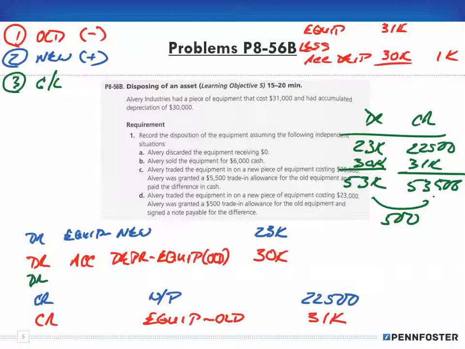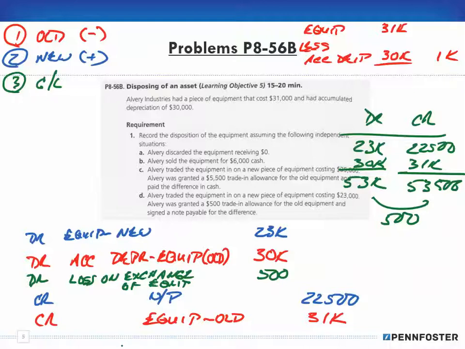Because remember, the credit side here is greater than the debit side. So I have to debit for $500. So I'm going to debit the loss on exchange of equipment for $500, and that's my journal entry.